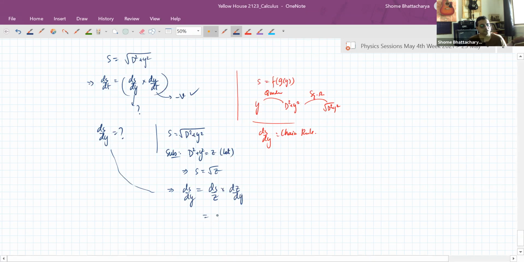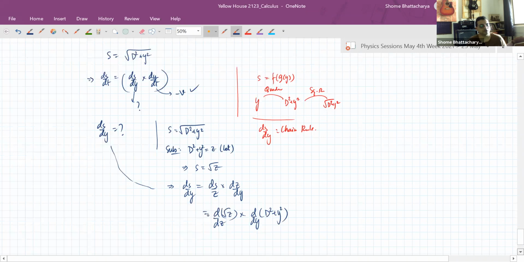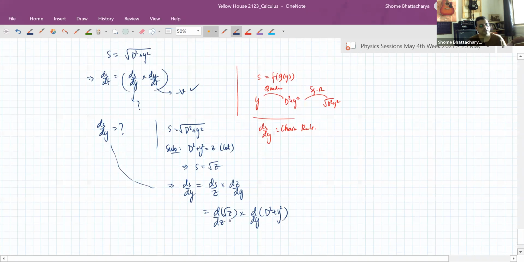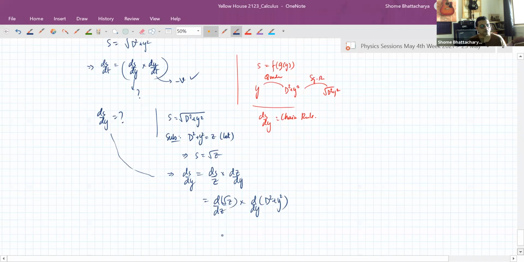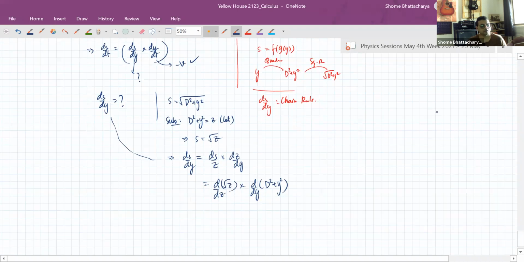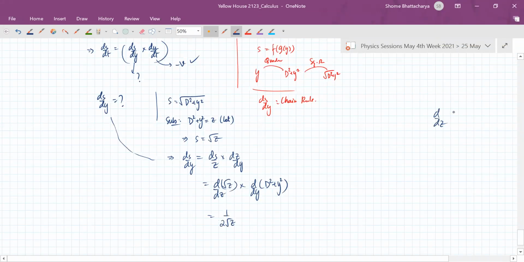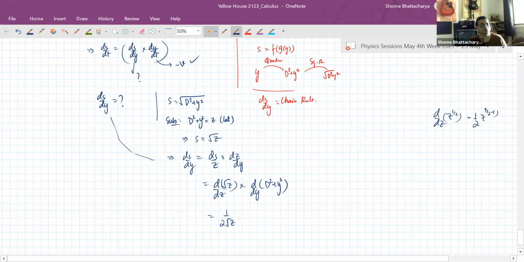So this is differentiation of root z with respect to z, and differentiation of d square plus y square with respect to y. Differentiation of square root of z becomes 1 by 2 root z. This step is clear? Z to the power half becomes half into z to the power half minus 1. That's how this step is coming.